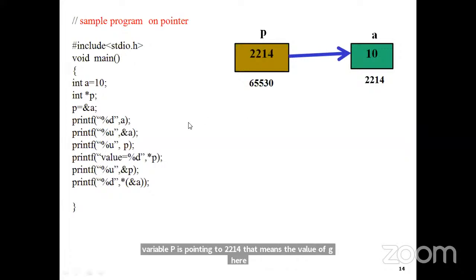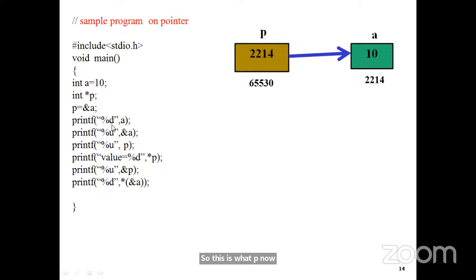Now you try to see here. Printf percentile D of A. What is the output? Tell me. What is percentile D? It is a format specifier. A means just the A value I want. What is there inside A?